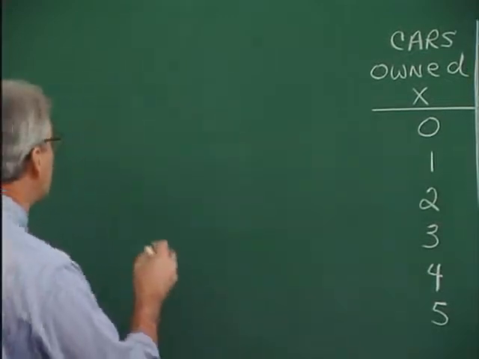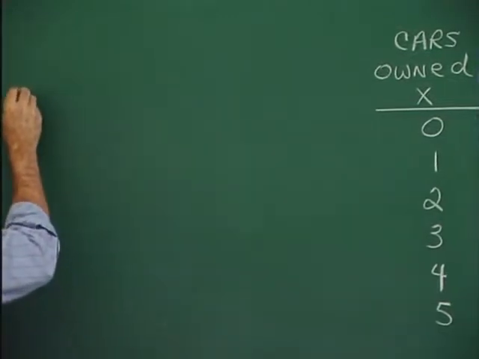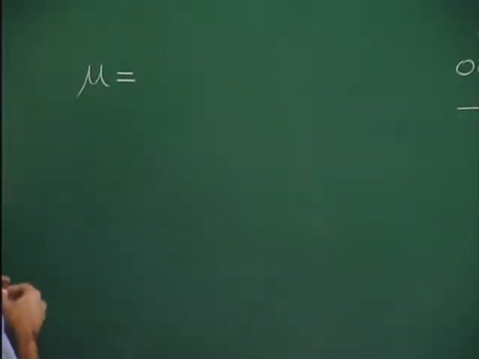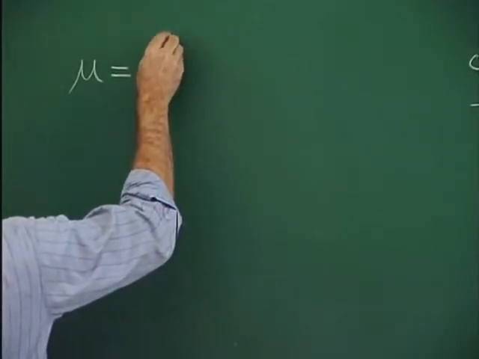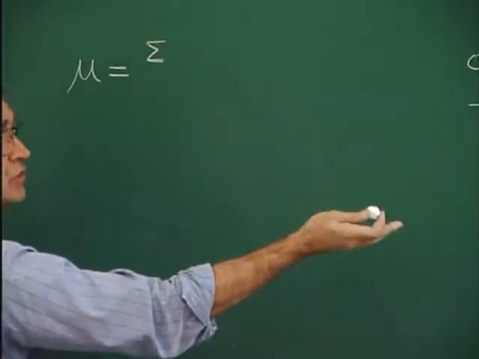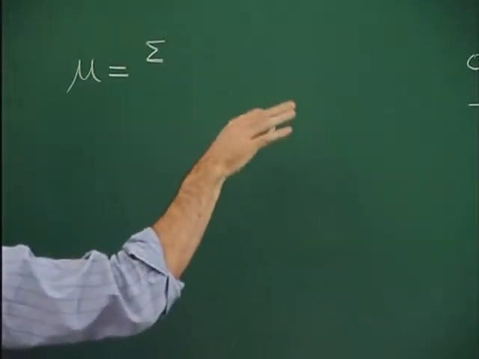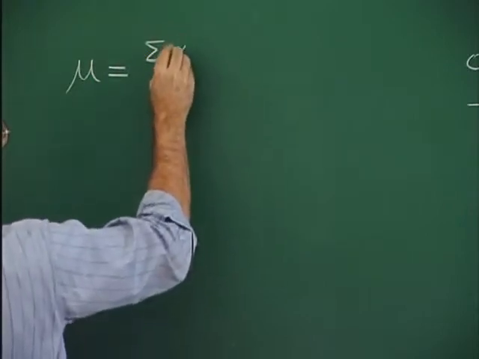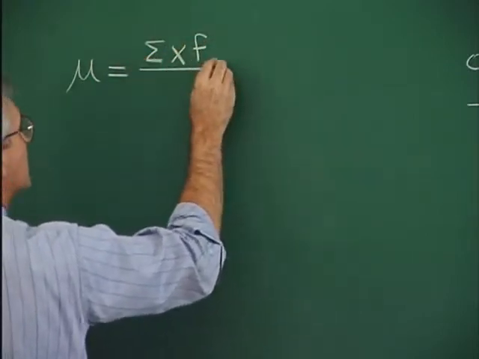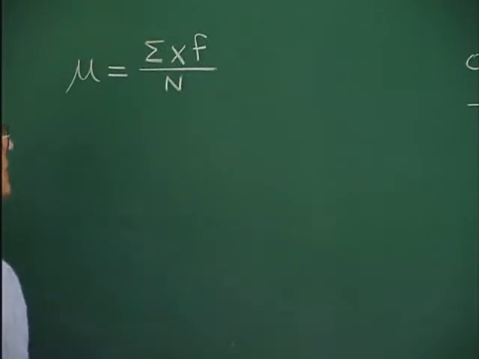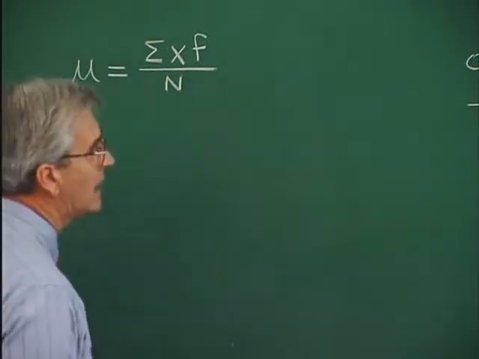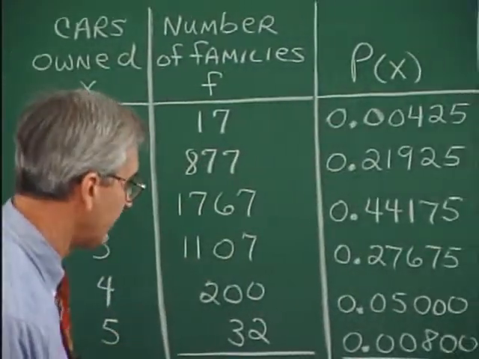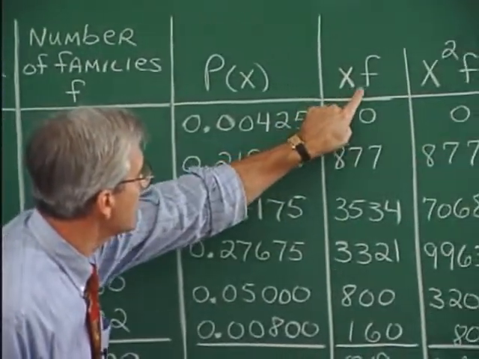If we're talking about a population, then the mean is noted like this. Recall that for a frequency distribution, which we had up here earlier before I changed it to P of X, it was the sum of X times F, all divided by N. For the sum of XF, we come over here, and here are the X times F's.